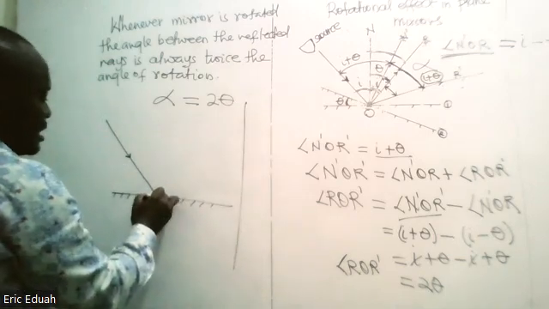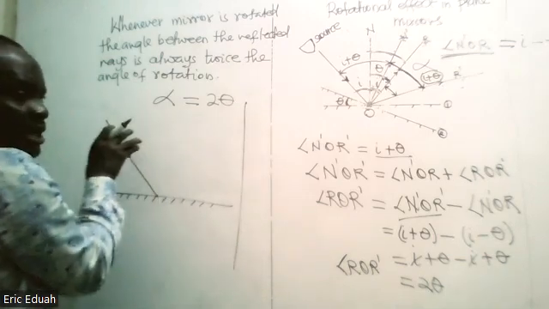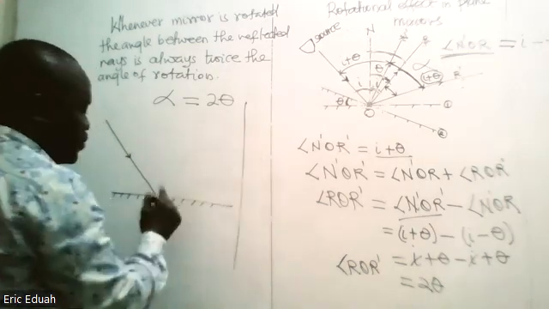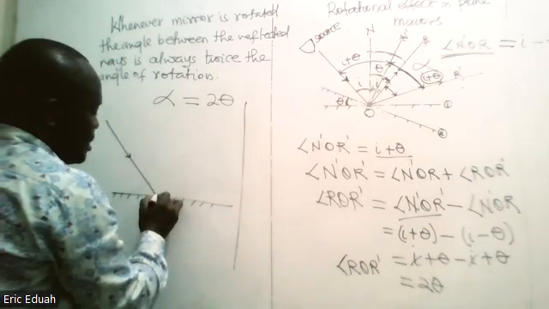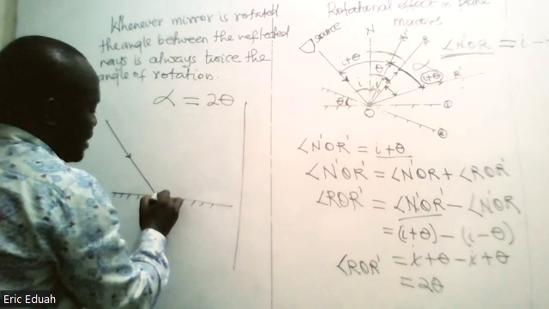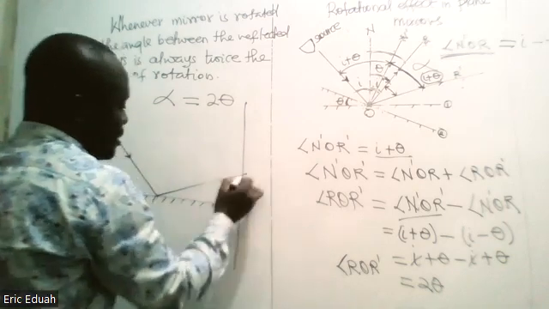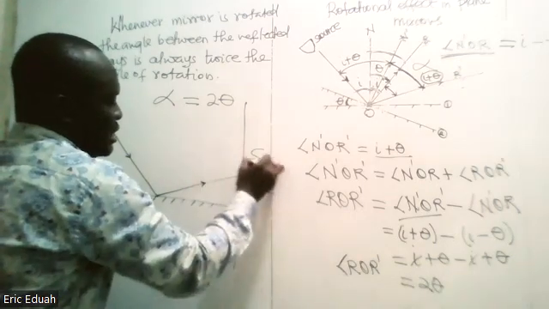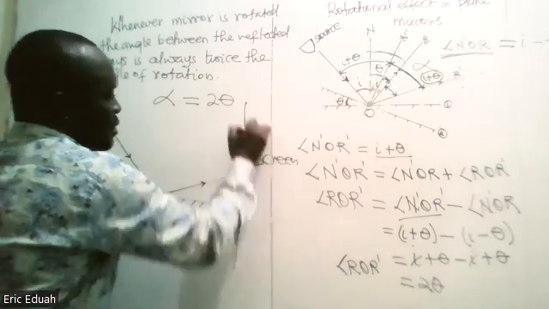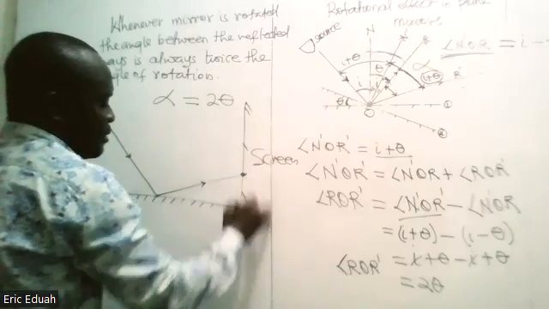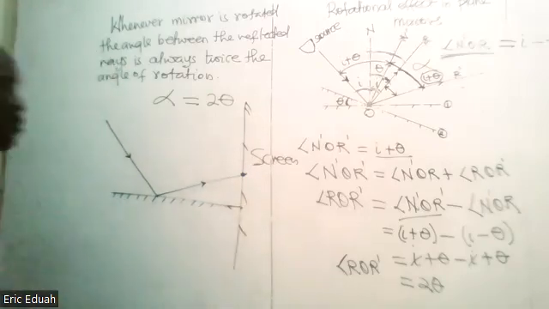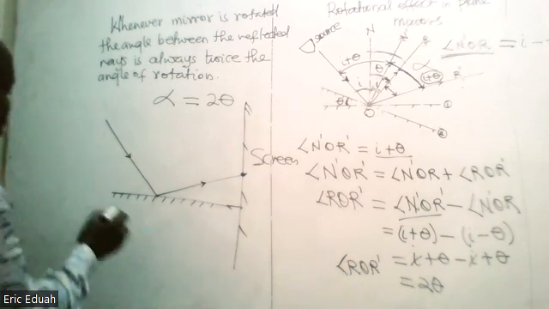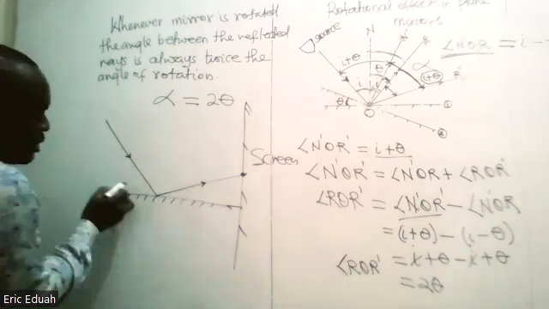The light is incident and reflects on the screen. So we are assuming the reflection is this. So there's a spot created on the screen. Now this thing is rotated.